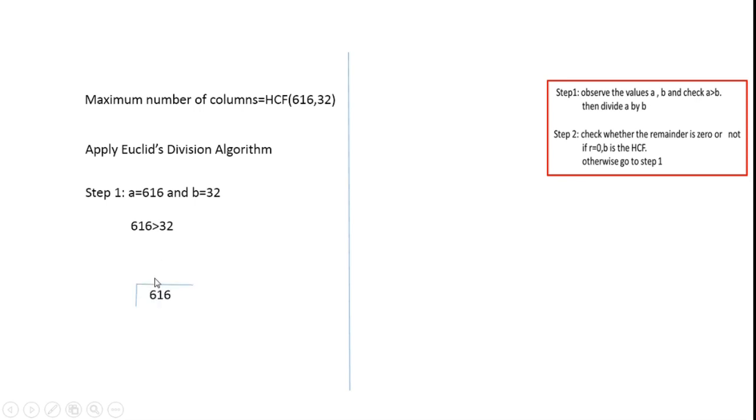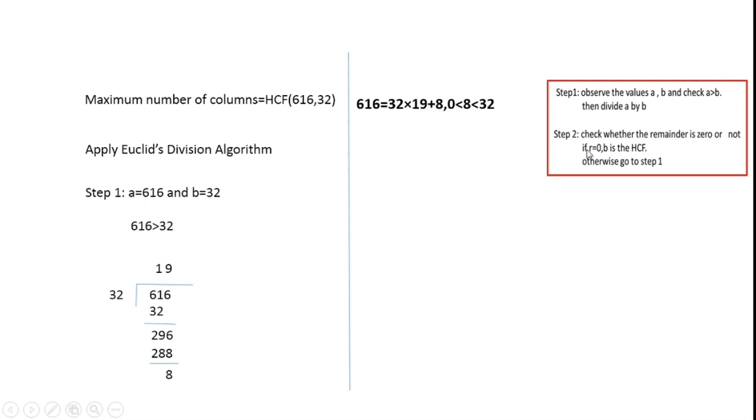Now divide 616 by 32. 32 ones are 32, the remainder is 29. This 6 will come here. 32 nines are 288, the remainder is 8. We can write this in the format 616 equals 32 into 19 plus 8.